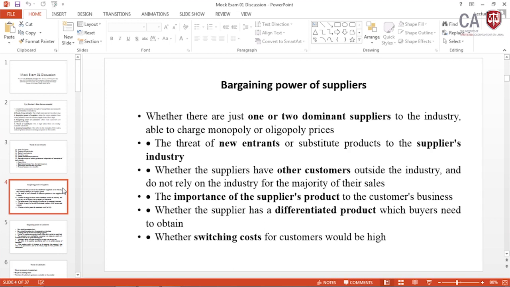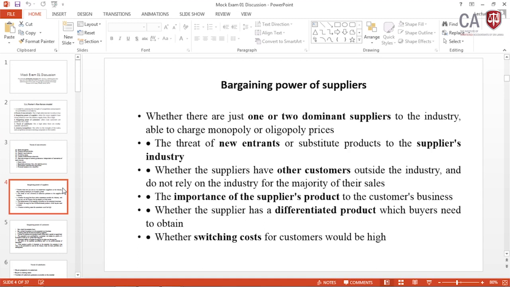Here, if you are using small milk farmers, there may be thousands of milk farmers in the country, therefore one or two is not dominating. The threat of new entrants to substitute product to the suppliers industry, no, we can't find any substitutes.